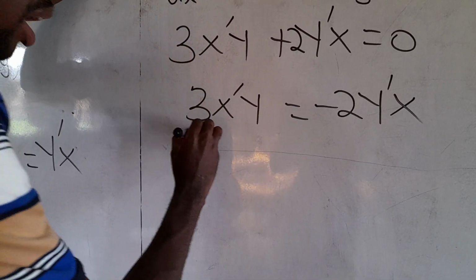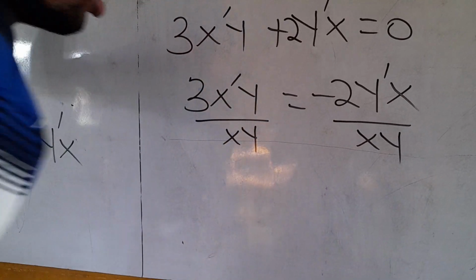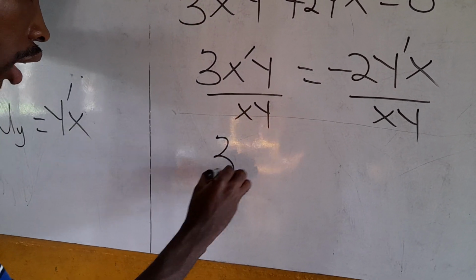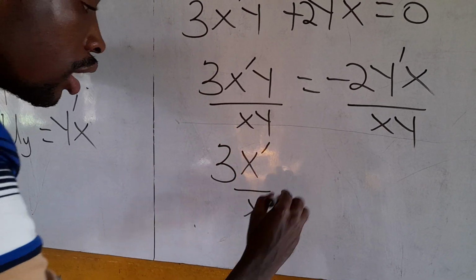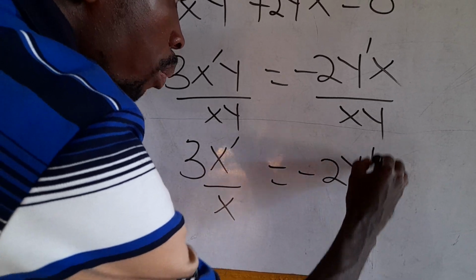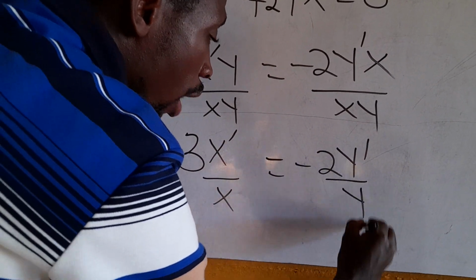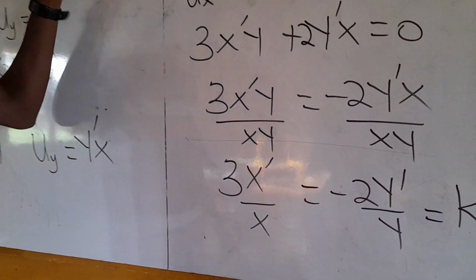We can divide both sides by XY. So what will we have? We have 3, the Y's will divide, so 3 X prime over X equal to negative 2 Y prime, the X will divide, over Y. Then we let this be equal to any constant k or lambda.